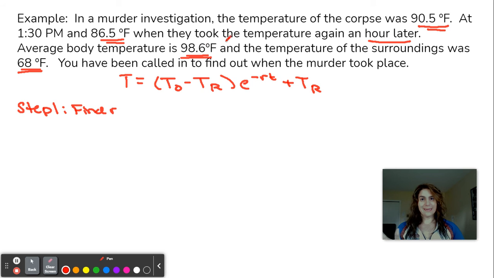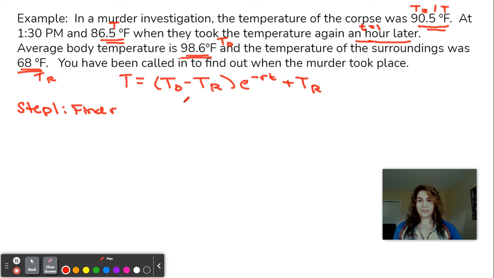We have 98.6. This is always going to be the original temperature of the body. And then 68 is our T sub 0. So we have a couple things. We have a temperature after an amount of time. We have a time. Time was 1 hour. And this is actually both original temperature and an after temperature.